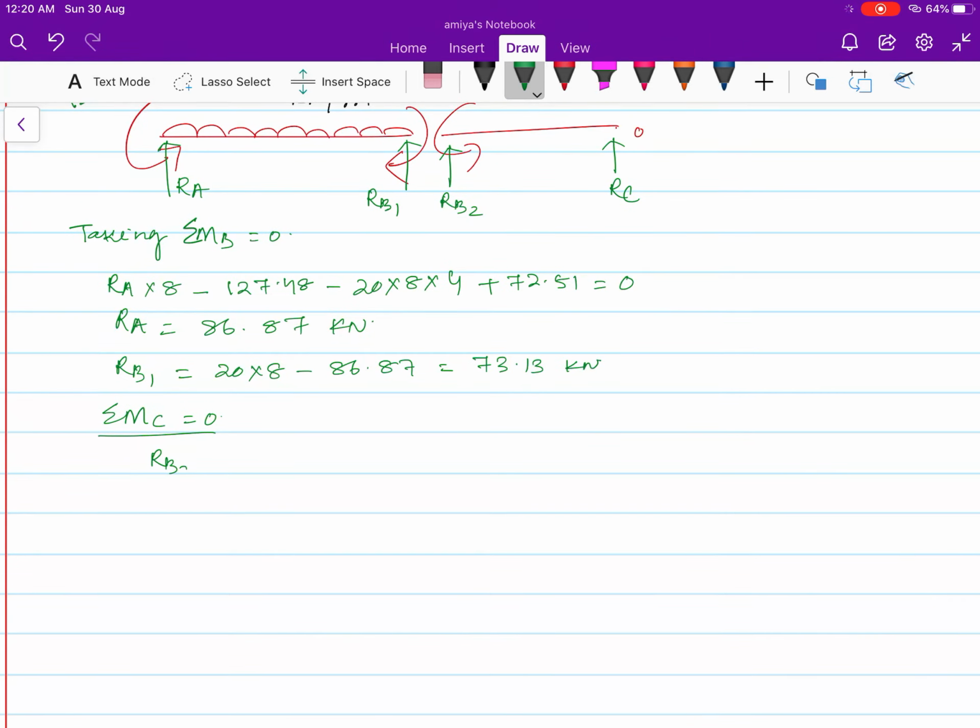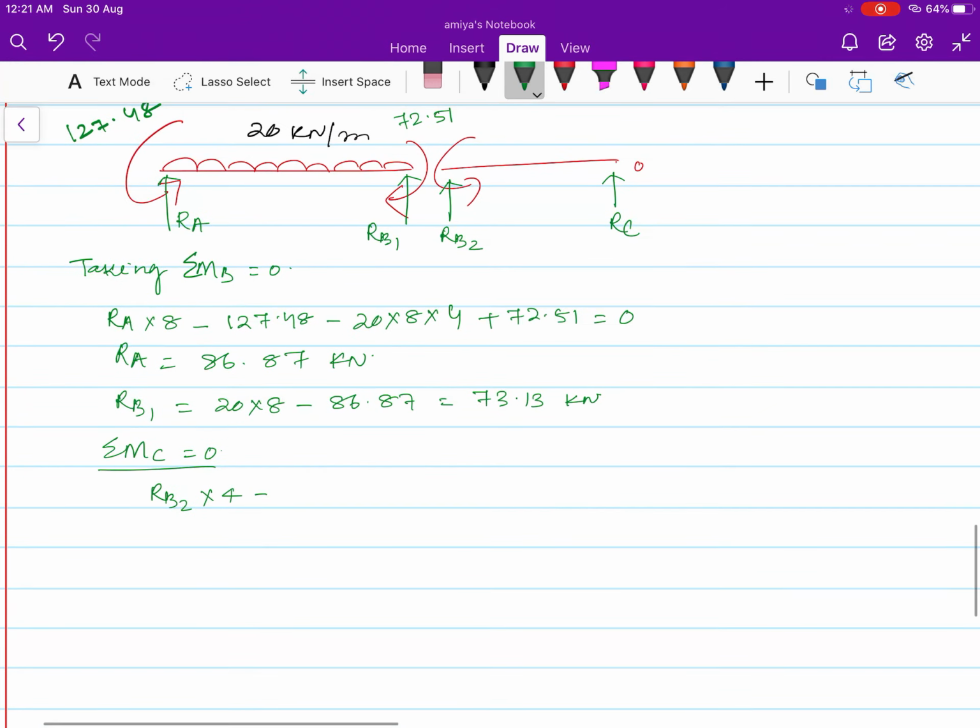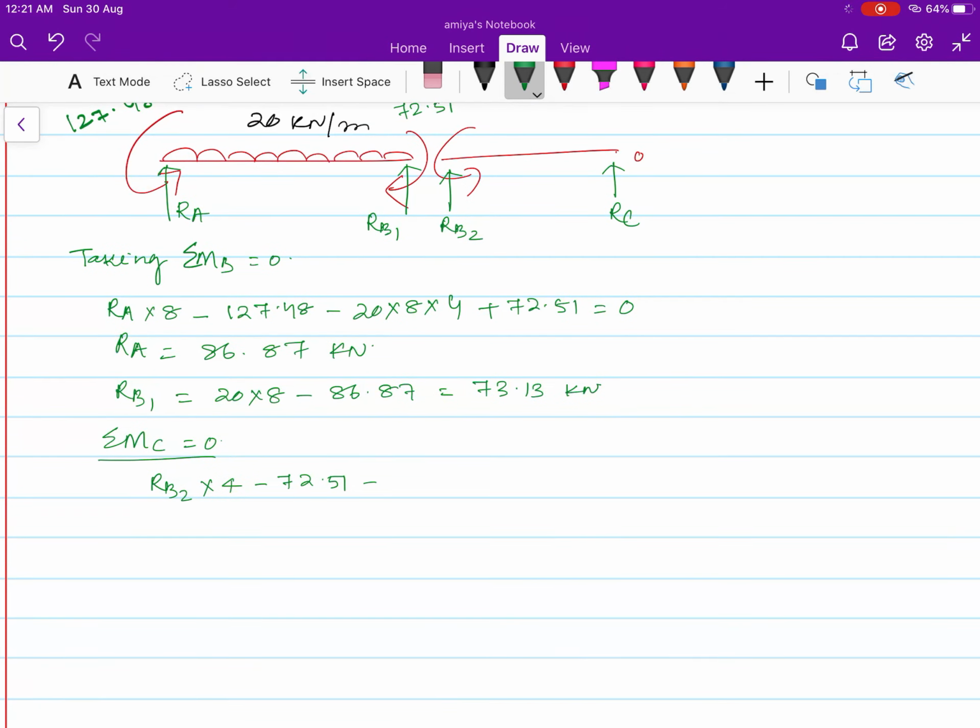So RB2 into 4 minus 72.51 minus 80 into 2 is equal to 0. So RB2 is 58.125 kilonewton.